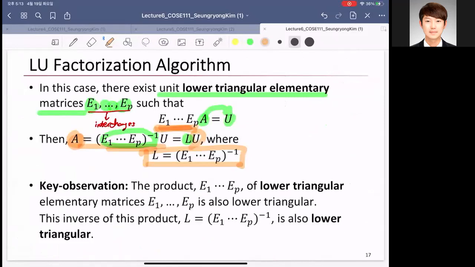Key observation is that, again, the product of lower triangular elementary matrices E1, E2, EP looks like this, and is also lower triangular. 그렇죠? Is also triangular. The inverse of this product, L equal to the inverse of E1, E2, EP, is also lower triangular, right? Then this is our target.